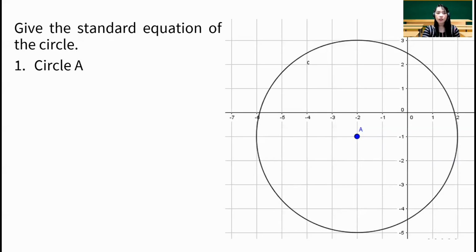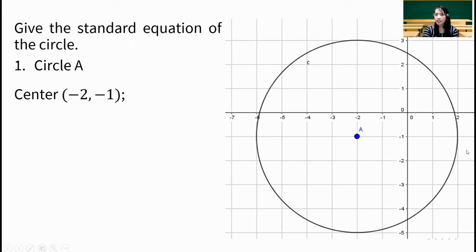Give the standard equation of the circle. Given the circle A and its graph, we have here the center of the circle, and we have to get the radius. Given the center in the graph, we can visibly take note that the center is at (-2, 1). What about the radius?